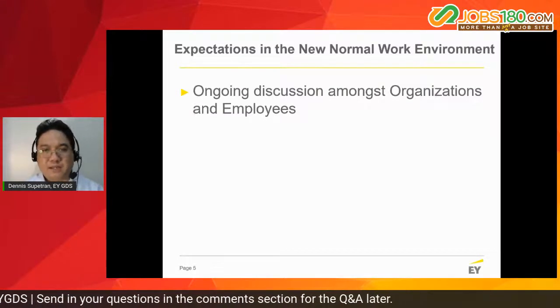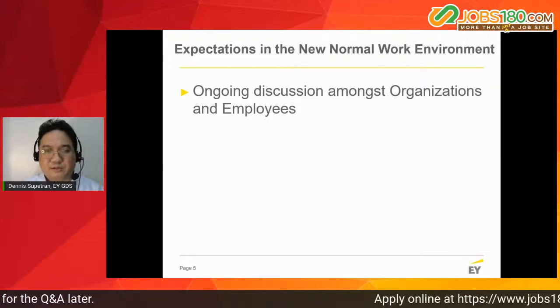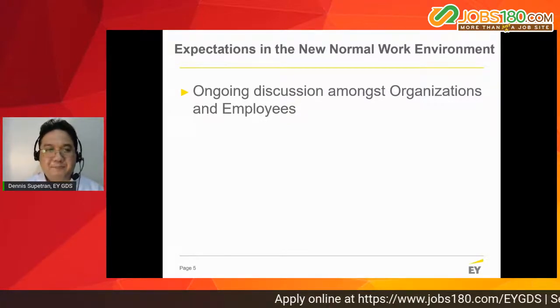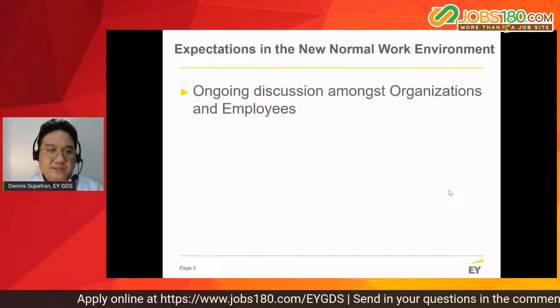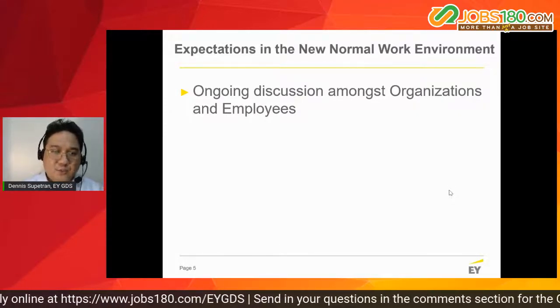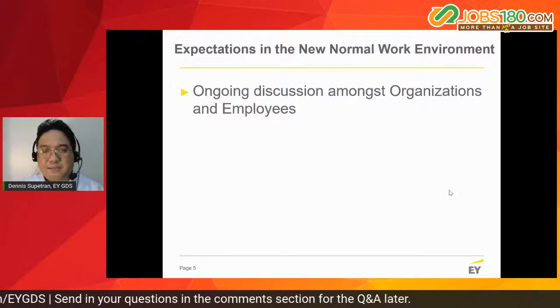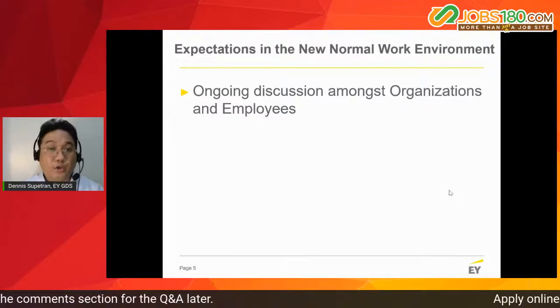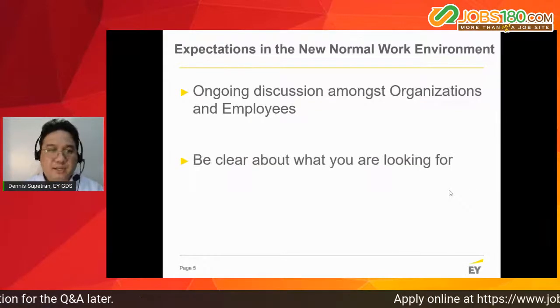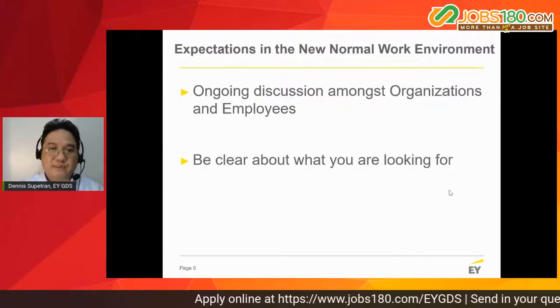A lot of global companies, EY, Google, right, Citibank, HSBC, the organization I was part of prior to joining EY, all of these companies still have ongoing discussions, right? And so when you think about what company to apply to, that might be a consideration that you have to take note of. And because it's an ongoing discussion, it's very important that from a personal perspective, you are clear about what you are looking for.